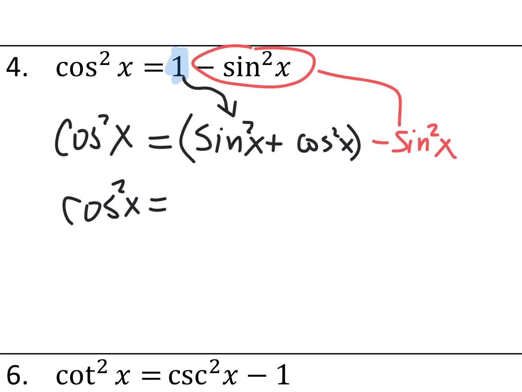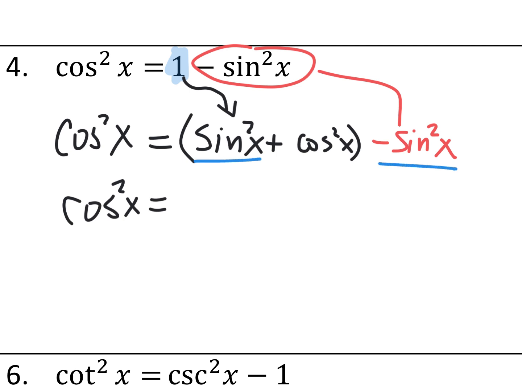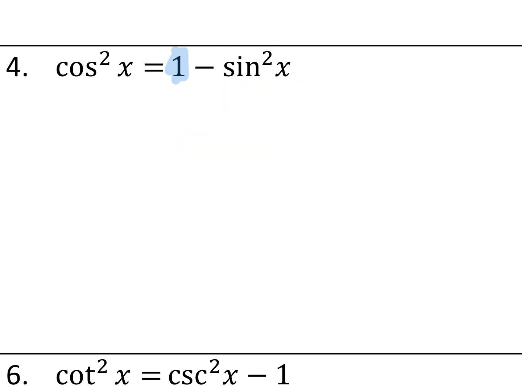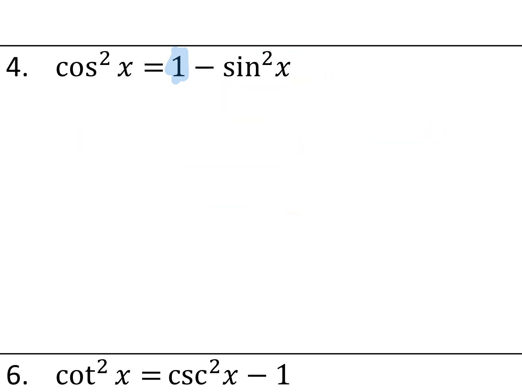And then, do I want to replace this with a 1 again? No, because then I was kind of dumb: take out the 1 and then put the 1 back in, so I don't want to do that. Nate, what's next? The sine squared and the negative sine squared are going to cancel out. Nice. Leaving me with just cosine squared. And that's what I was supposed to prove, and it worked.